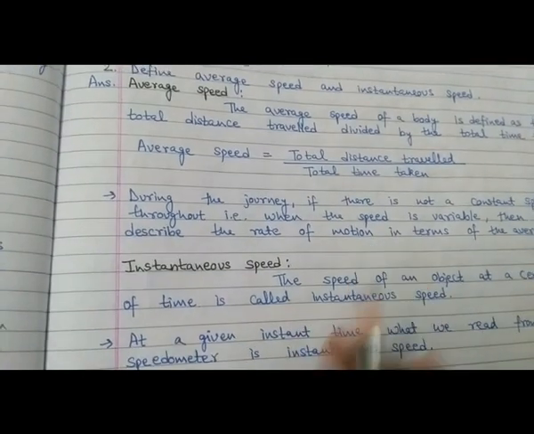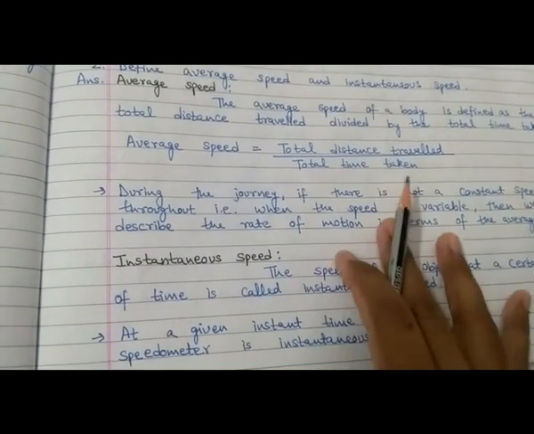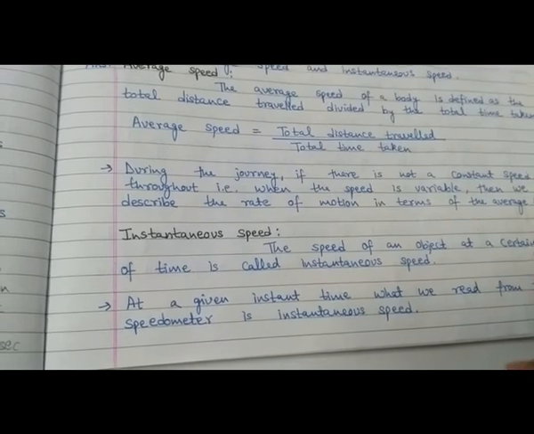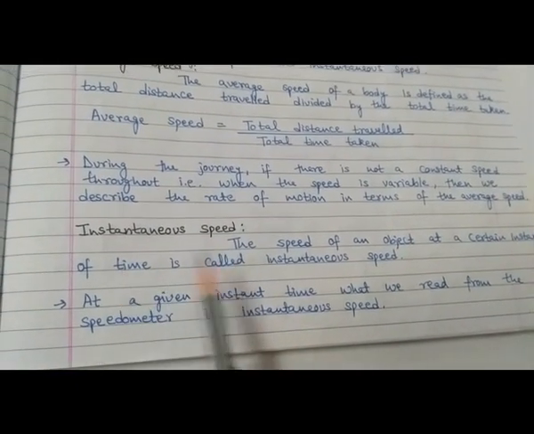Now, what was instantaneous speed? The speed of the object at a certain instance of time is called instantaneous speed.